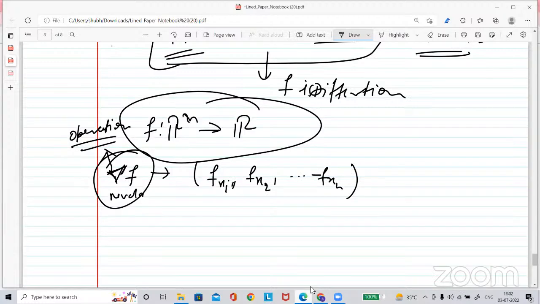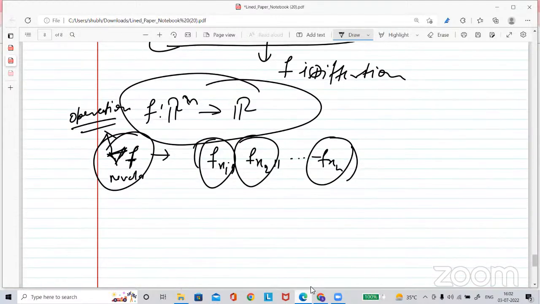This operator converts this function into a vector valued function. When you apply nabla on a function, it will give you this: the partial derivatives with respect to the variables, one by one, from 1 to n.